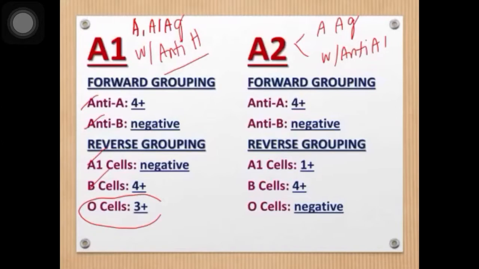Yung mga A2 individual, wala pong problema. Yung forward grouping niya, siya po ay group A. Pero bakit po yung reverse niya bukod sa B cell, may reaction with A1 cell? Bukod sa anti-B kasi yung mga A2 individual ay mayroong anti-A1, which is the reason bakit po may reaction with A1 cell. Yung mga A2 individual, huwag pong kakalimutan.